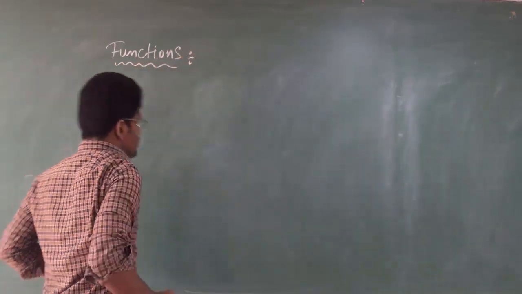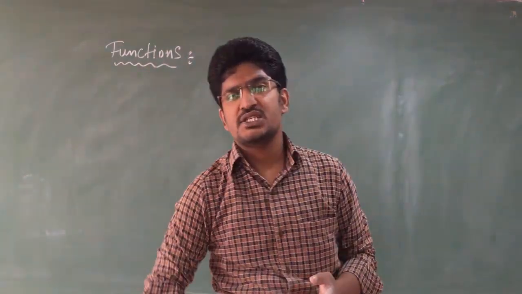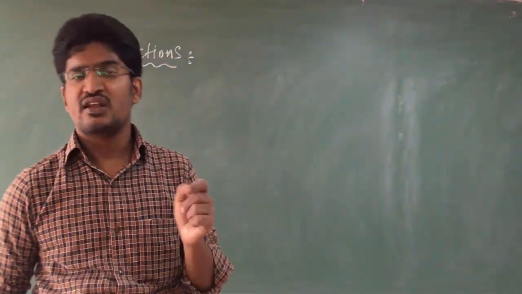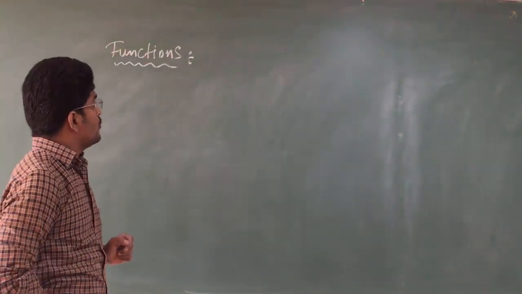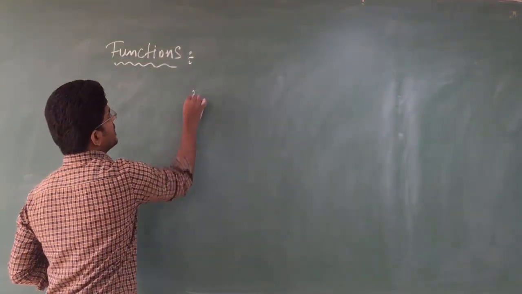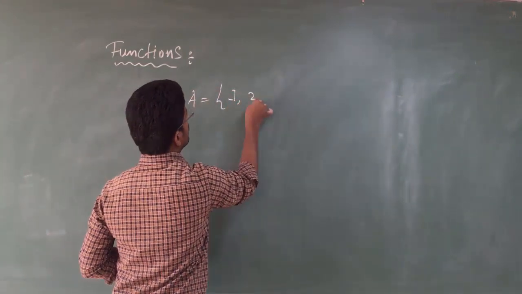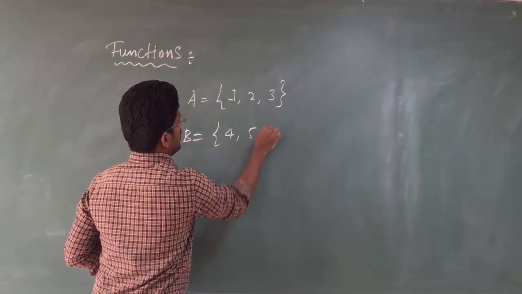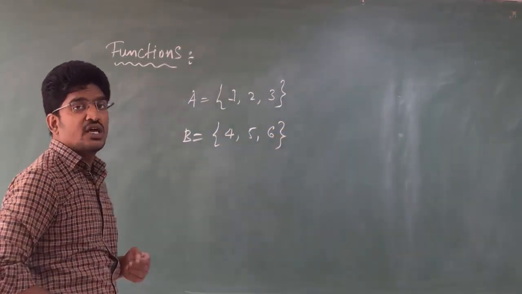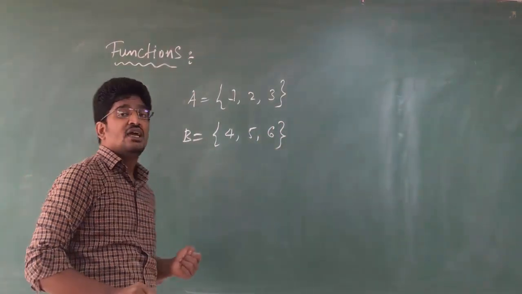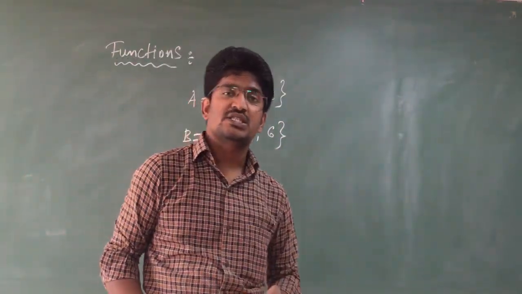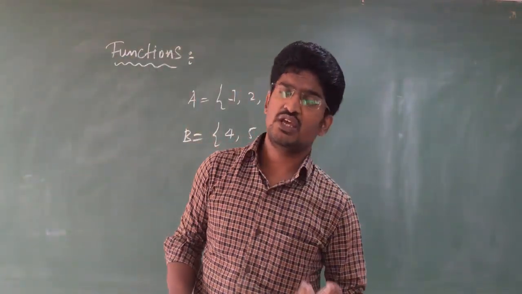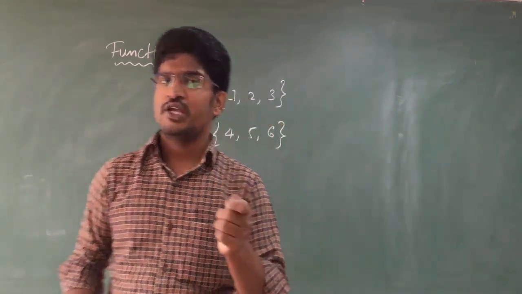Clear? So before going to function, as you all know the definition of Cartesian product and relation. For example, if I take set A as 1, 2, 3 and set B as 4, 5, 6, now I ask you to count how many relations you can define from set A to set B. You have already solved this type of question in exercise 2.2.